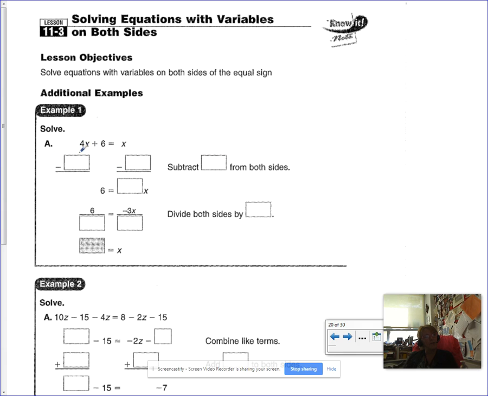Look at example 1: 4x plus 6 equals x. In fact, grab your pencil and call that a 1x, just so we've got that coefficient right there in our face. Now we have variables on both sides. What we want to do is get all the numbers on one side and the variable on the other. It doesn't matter if your variable lands on the left or the right, just do something so that we can get one of the variables to basically disappear.